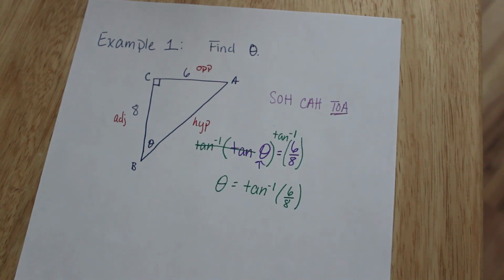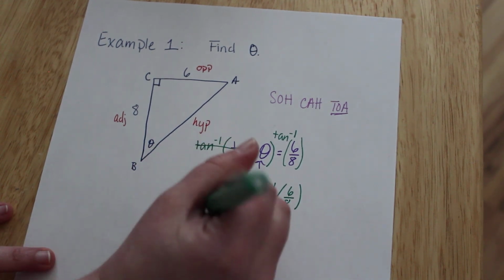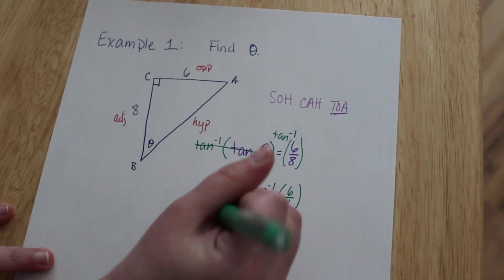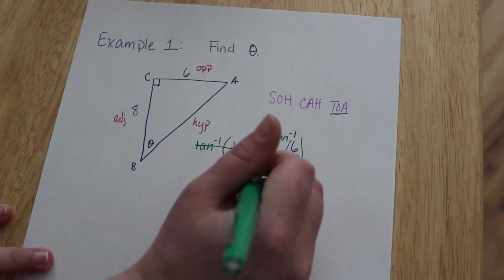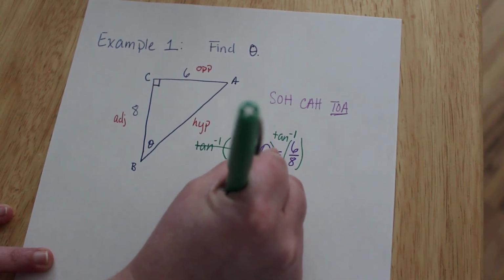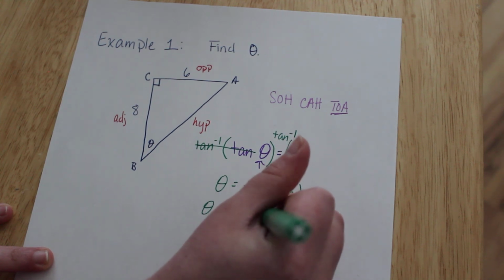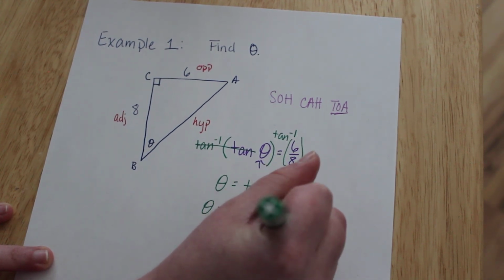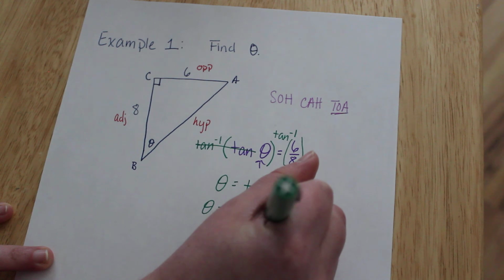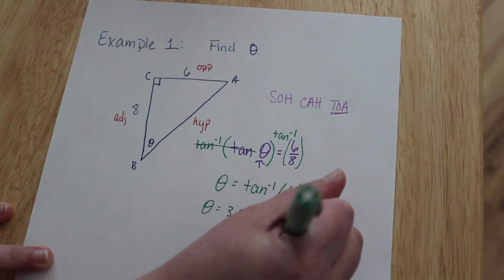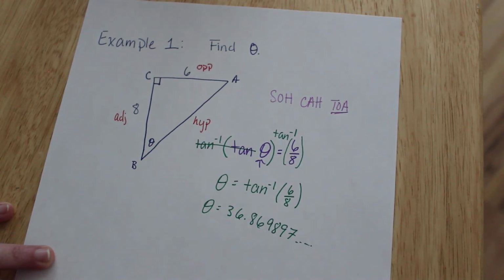And you should end up with the following value. Okay, you should end up with something like 36.869897 da da da da. It goes on forever and ever and ever.